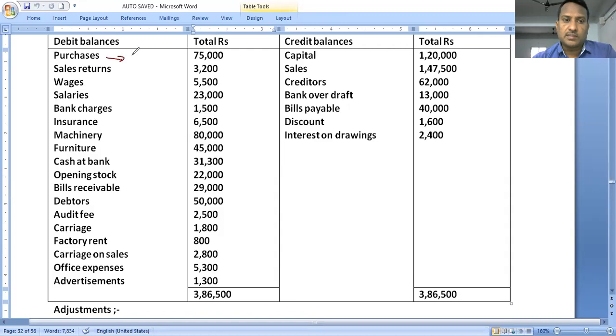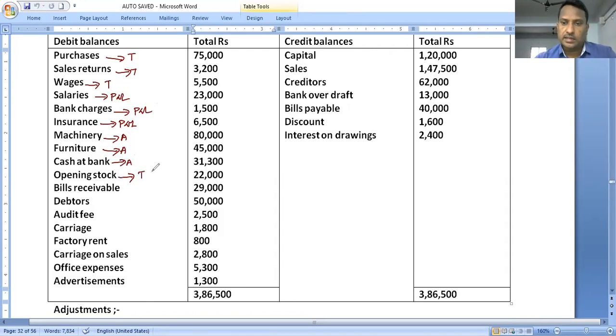Purchases is the first one. It is part of the trading account. Sales returns, trading account. Wages, also part of the trading account. Salaries, profit and loss account. Bank charges, profit and loss account. Insurance, also part of the profit and loss account. Machinery, asset; furniture, asset; cash at bank, asset. These assets are part of the balance sheet.